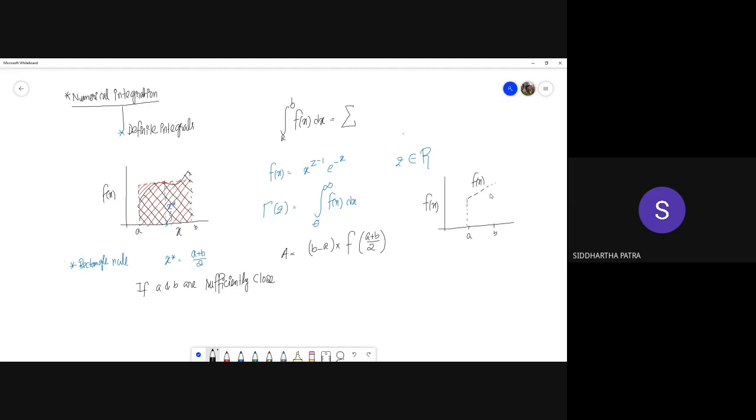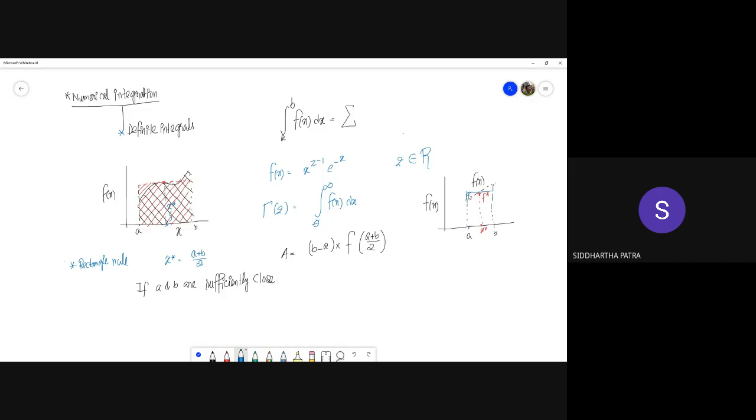In that situation, if I take the midpoint, which is the x star, and evaluate the function value, let us call that f star, and then integrate, then we would see that the area under the rectangle is the same as the area under the function itself, if a and b are sufficiently close.